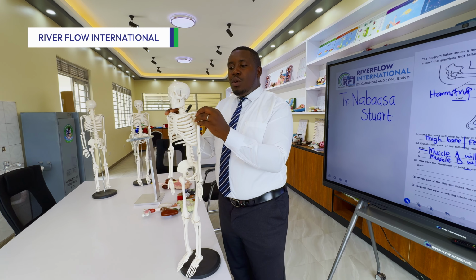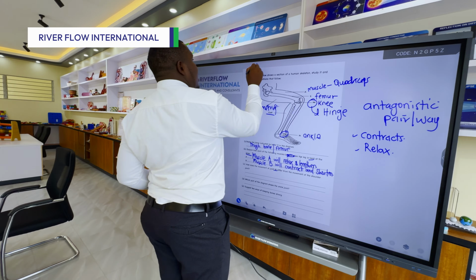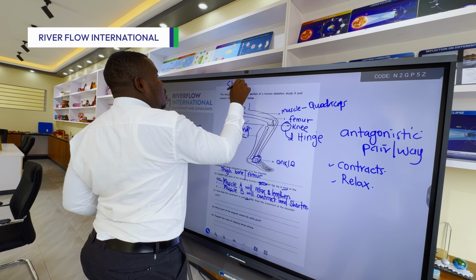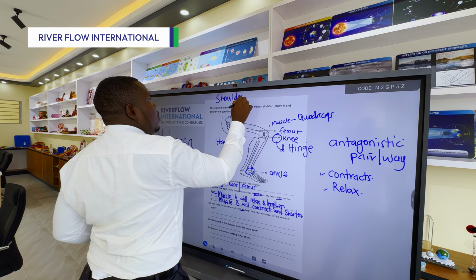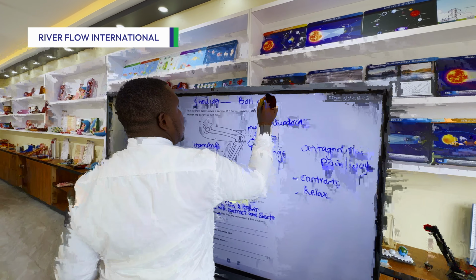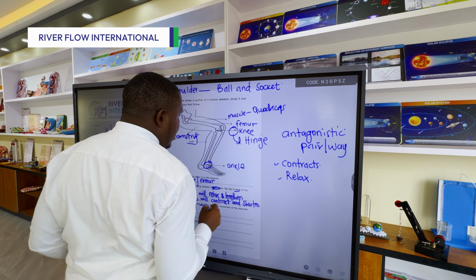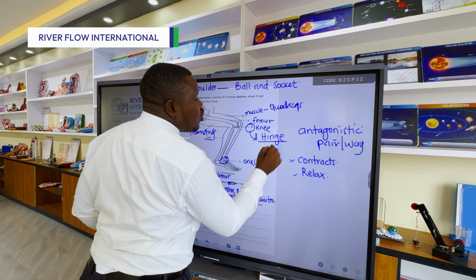Now, one thing we must know, at the shoulder we have a ball and socket joint. But here, we have a hinge joint.